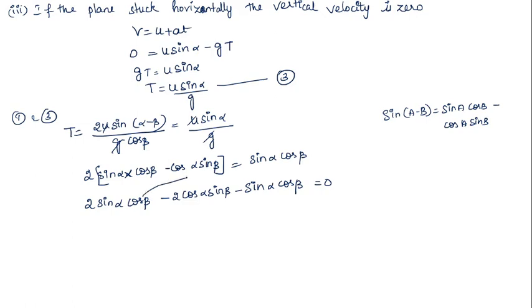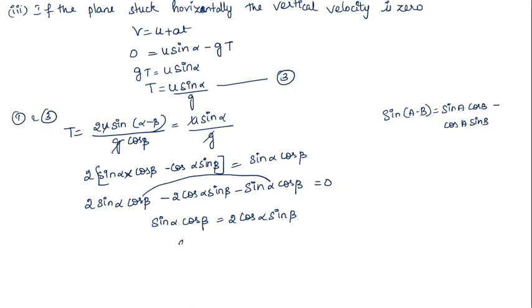Consider these two. It is 2 sine alpha cos beta and here it is sine alpha cos beta. When you subtract this, it will be sine alpha cos beta. Okay. It is minus 2 cos alpha sine beta. When it goes to the other side, it will be 2 cos alpha sine beta. We are combining the terms together. We convert everything in terms of tan.